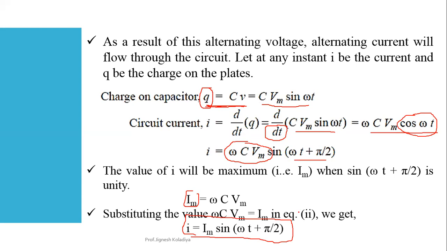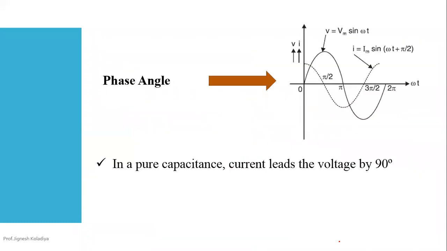So what is the relation between current and voltage? V is equal to Vm sine omega t, I is equal to Im sine omega t plus pi by 2. So I can say current is leading by an angle pi by 2 with respect to voltage.